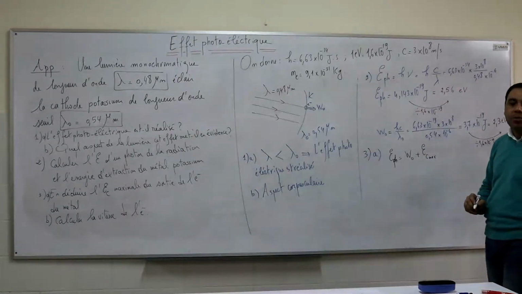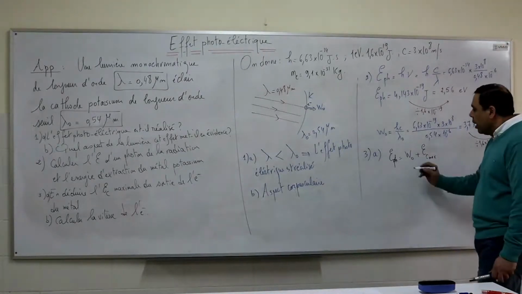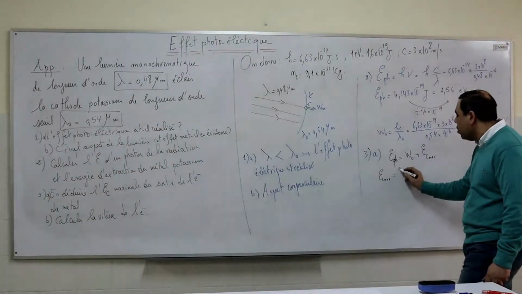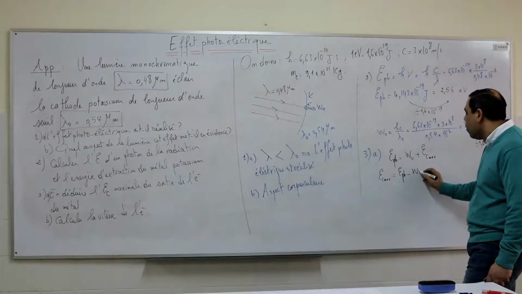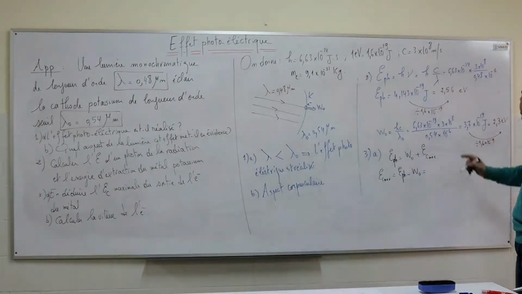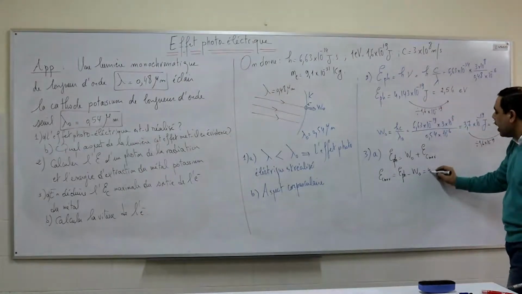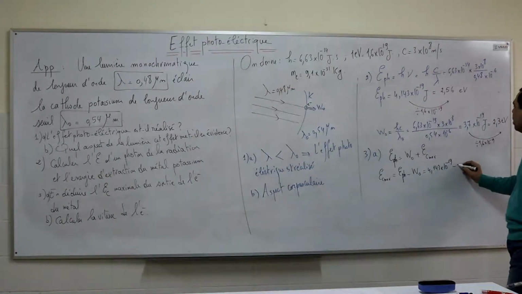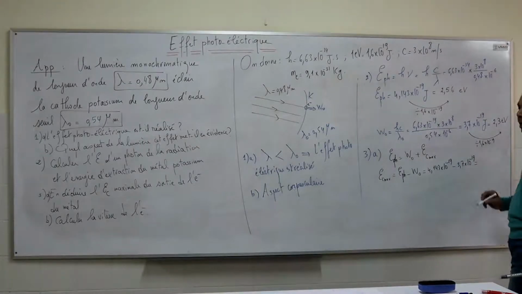Therefore, the maximum kinetic energy of the electron is the energy of the photon minus W0. This is equal to 4.143 times 10 exponent minus 19 minus 3.7 times 10 exponent minus 19.